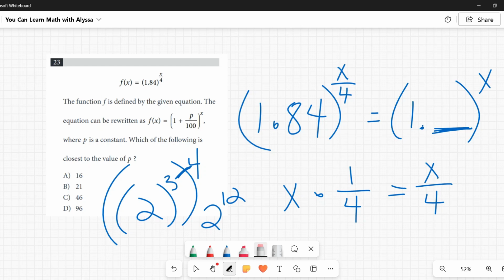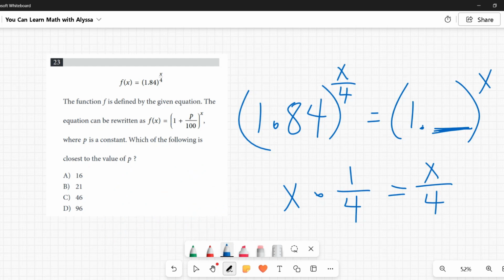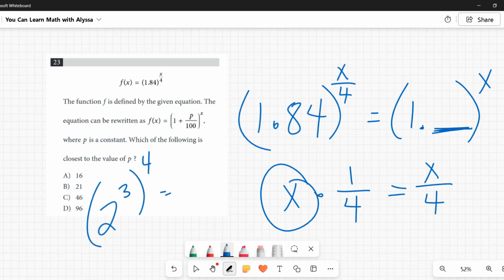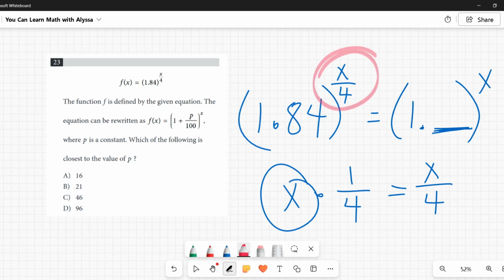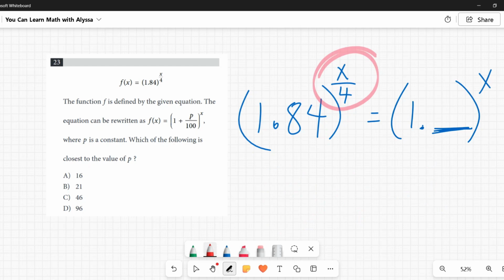I can break this up, and then I would have this x on the outside. Just like here when I said 2 to the power of 3 to the power of 4 is the same as 2 to the power of 12, the base stays the same. We can bust up the exponents. That's what we're going to do here. We're going to break up this exponent into to the power of 1/4 to the power of x. Because then when we go backwards, we can multiply together.